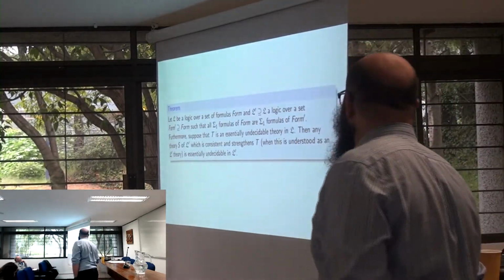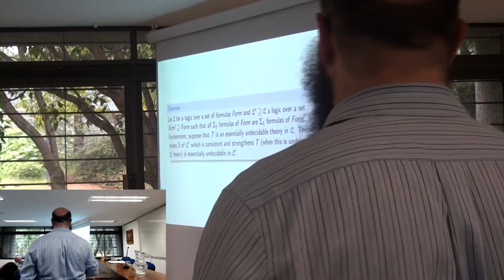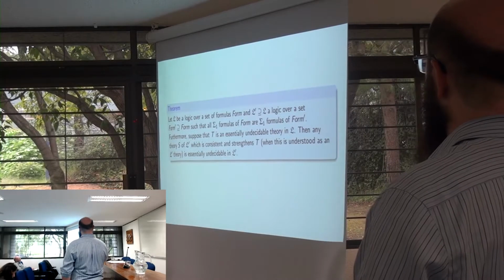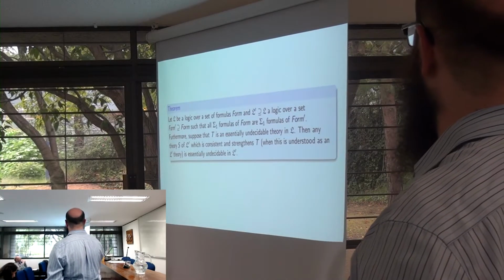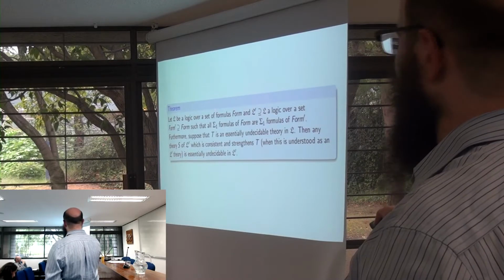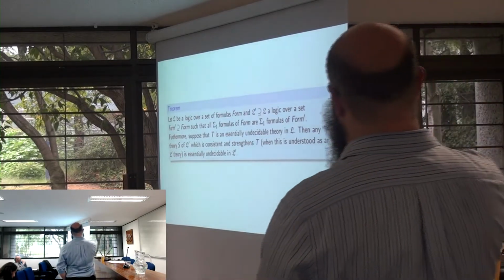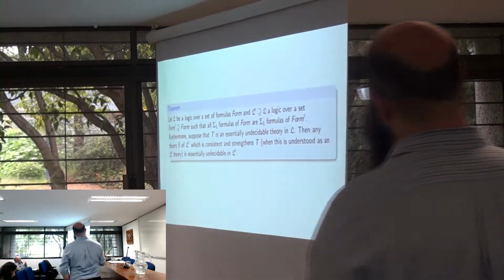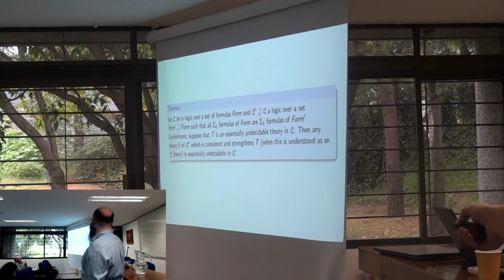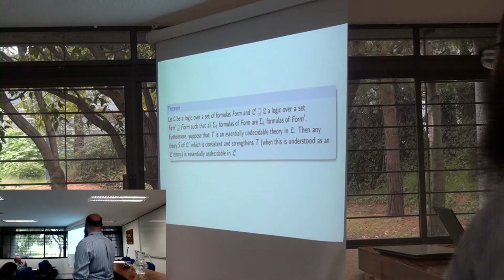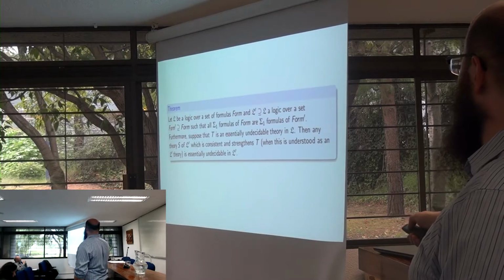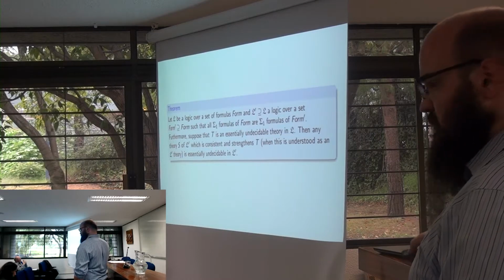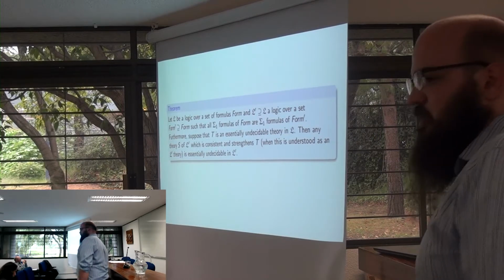So, first theorem. If L is a logic over a set of formulas, and you have an extension of that logic, or perhaps an expansion of that logic in an expanded language, such that all sigma 1 formulas of the smaller language, I'll come back to define those in a moment, remain sigma 1 formulas of the bigger language, and furthermore that T is an essentially undecidable theory in L, then for any theory S of some expansion or extension L prime, which is consistent and which strengthens T, any such S will be undecidable in the stronger logic.